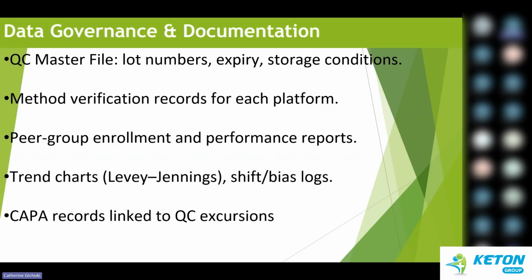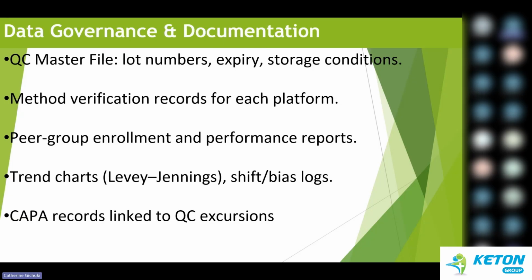Then you have documentation and governance of trend charts, that is LJs, shifts, biases, and logs. To maintain performance and be in control of QCs, you have to maintain an LJ chart and logs.